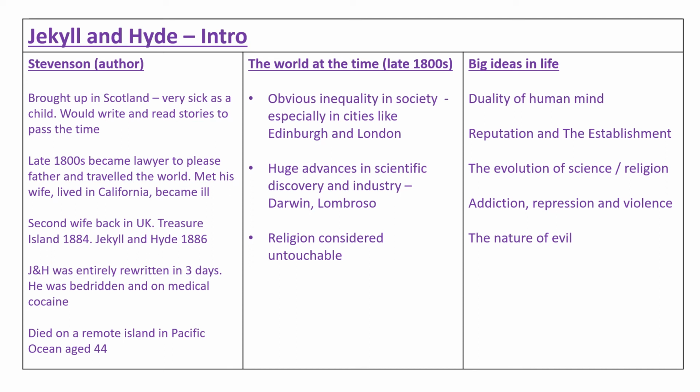And they tried to avoid things like addiction and violence, and they repressed it, which means they kept it at bay. They kind of didn't want to even think about it or do it, but then they couldn't help but be lured into this world. So that's exactly what Hyde is. He's a kind of outlet for Jekyll in order to give in to that repressed feeling that he's got, that evil that was inside him, that nature of evil that's inside everyone, that he couldn't help but become addicted to.